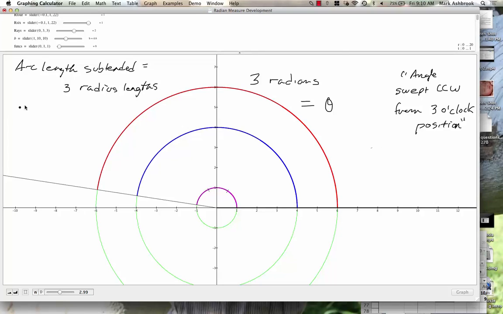The openness of the angle, what do we measure openness in? Radians. Radians is openness because it's angle measure. And what's the openness of this angle?